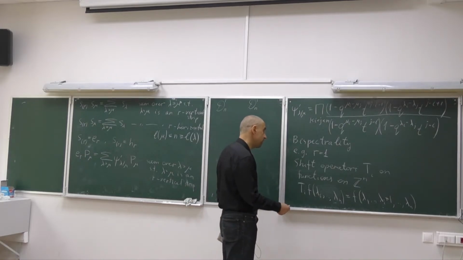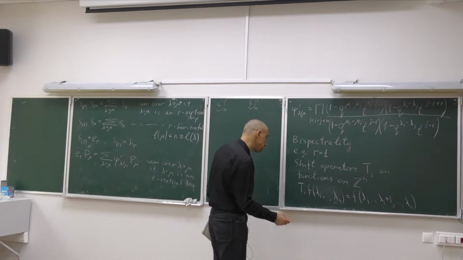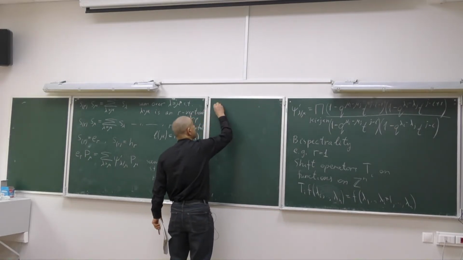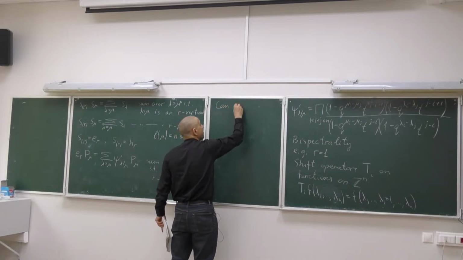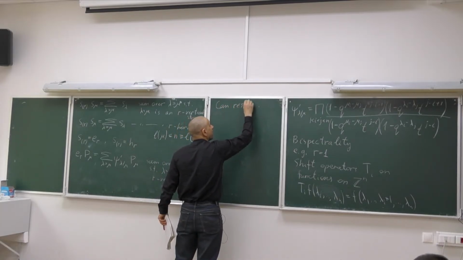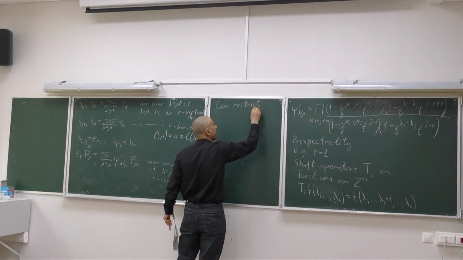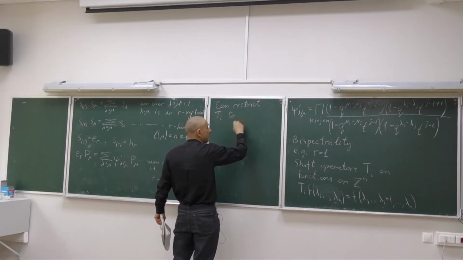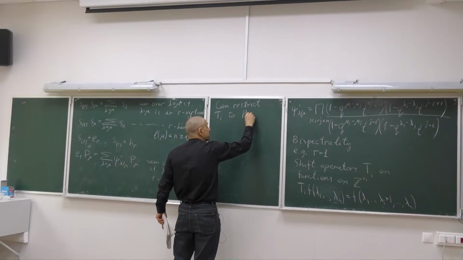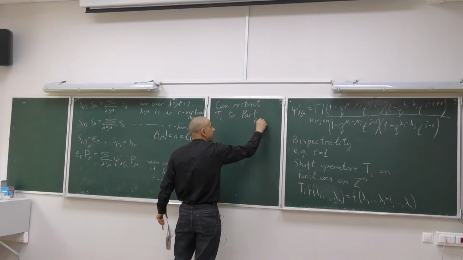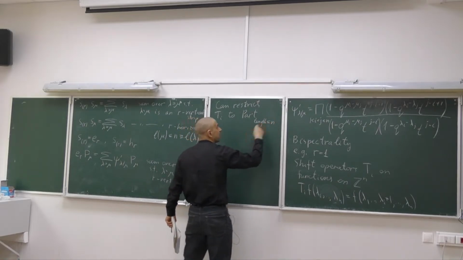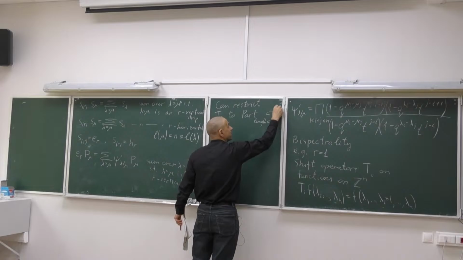Still, we can restrict Ti to partitions of length less than or equal to n inside Z to the power n.